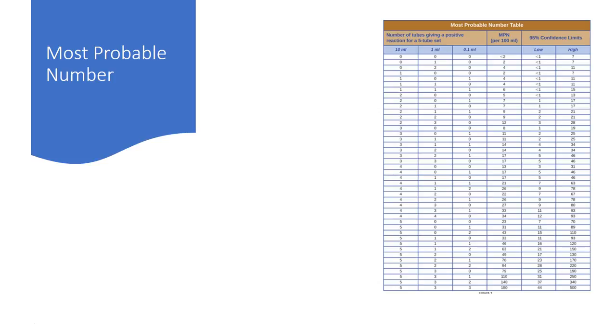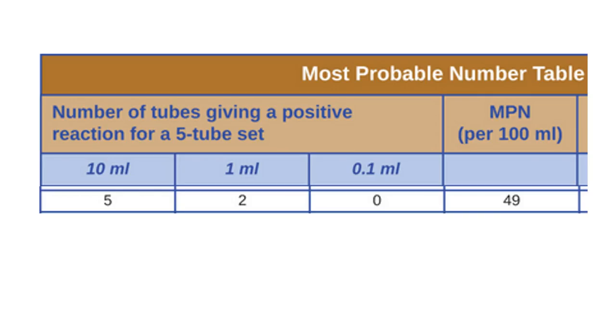So for example, our tubes showed that the set of 5 tubes that received 10 mils, all 5 turned yellow. Whereas the set of 5 tubes that received 1 mil of water sample, only 2 of the 5 fermented lactose and turned yellow, and none of the tubes that received 0.1 mil of water changed, meaning that there was no bacteria present in those tubes.